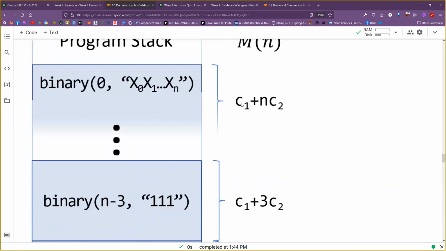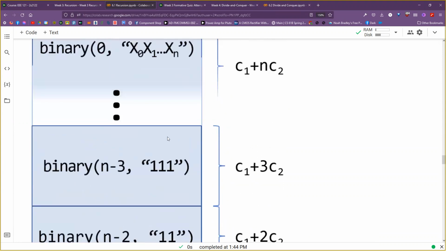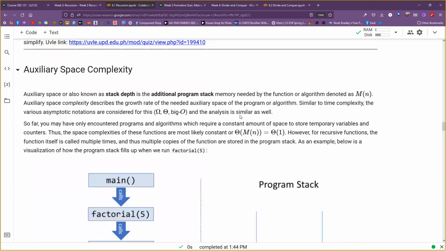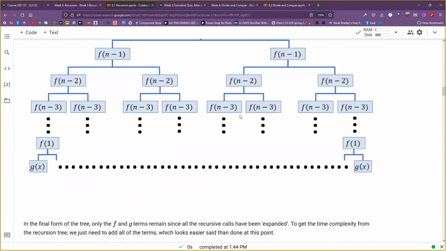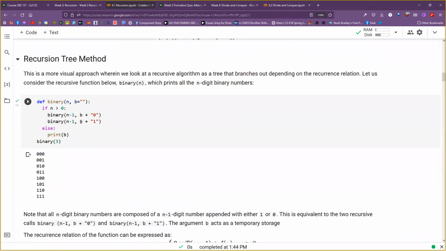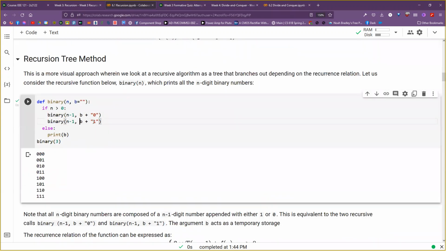And then, plus a constant na space para dun sa other variables mo dun sa function. So, ayun lang. Medyo nagtipid kasi sa space dito. Effectively, itong b plus 1 na to is tinostore mo na in a temporary variable before siya mag-call ng ibang function.